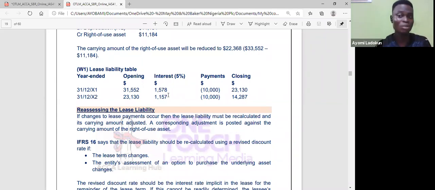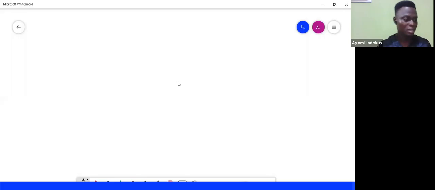So you are looking at your year-end, opening balance, interest, payment that you have made, and your closing balance. Okay, so that's what you're doing. So you can understand that's the technical area around that.